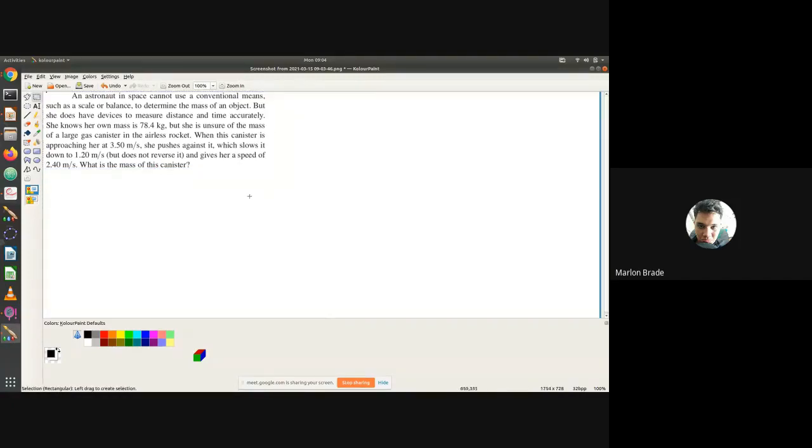Okay, so given na pod, patapos sa given. Ang mass sa akong astronaut, so tawagon nato M sub A is equal to 78.4 kg.